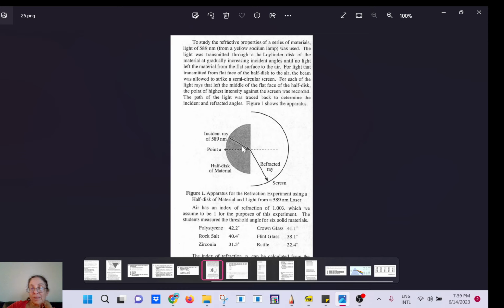Okay, so this is more dense than water, but now you have less contrast. There is less contrast between the index of refraction. So here, index of refraction was 1. Instead of 1, you're going to have 1.33. So that means the critical angle will be larger, because it's not refracted as much.